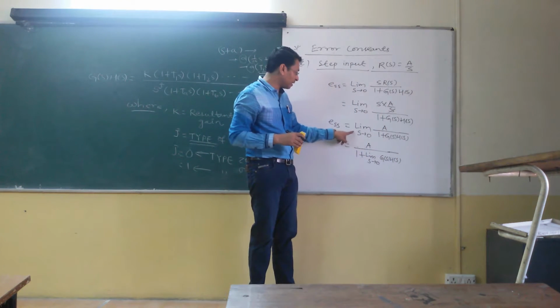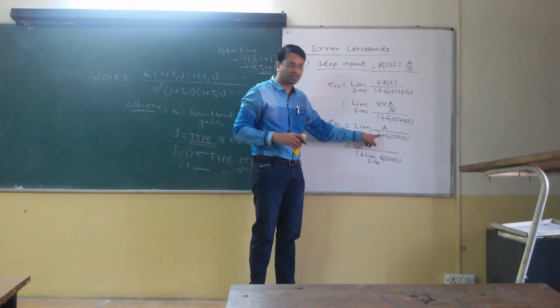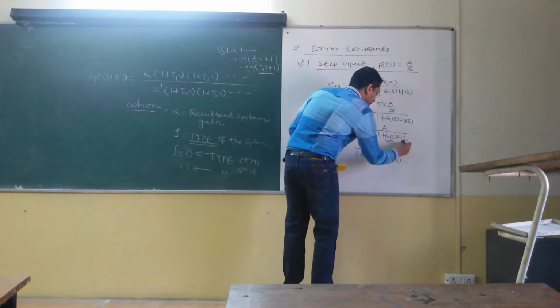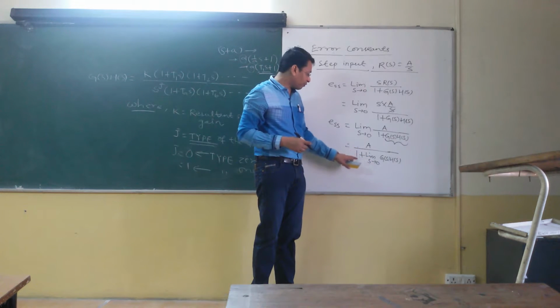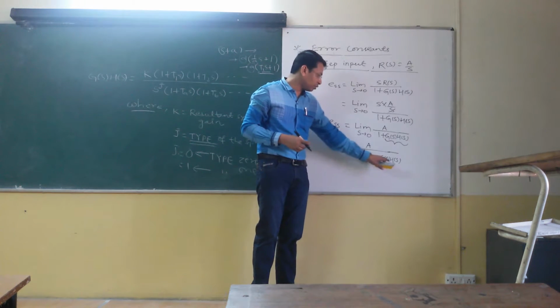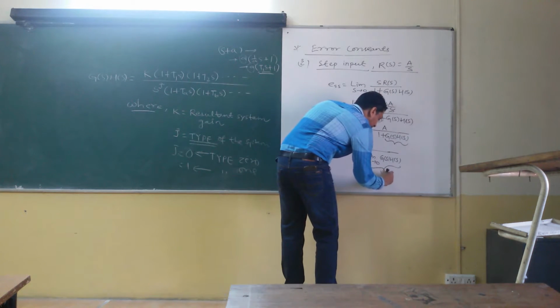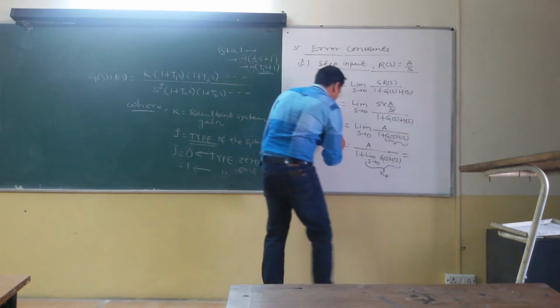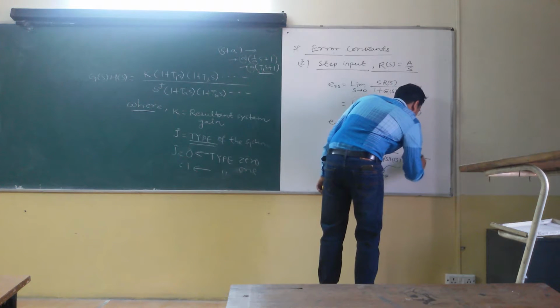A is constant in this limit, 1 is constant in this limit, so s tends to 0 is applicable for this term only. I am going to name this term as Kp, and the steady state error ess will be equal to A upon 1 plus Kp.